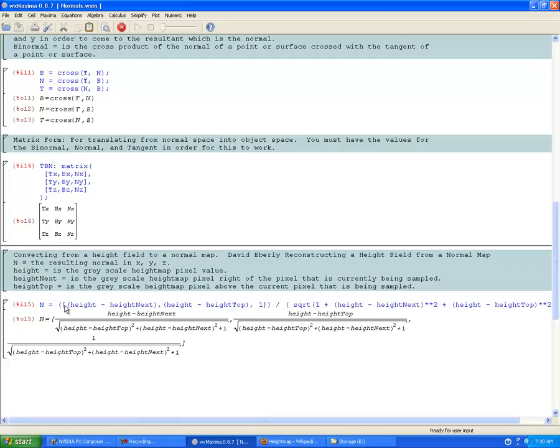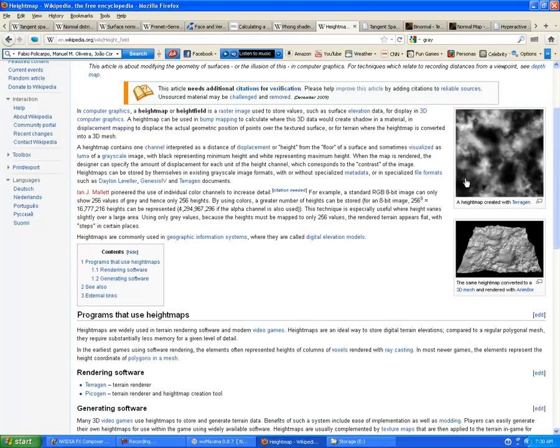We have to look at these surrounding pixels, because how else are you going to determine your normal? It's not really a great way to determine your normal. Actually, nothing beats geometry. If you have actual physical geometry to create your normal, that's going to be the most accurate by far. It always comes up with the best results. These kind of look flattened because you just can't get all the values you need.